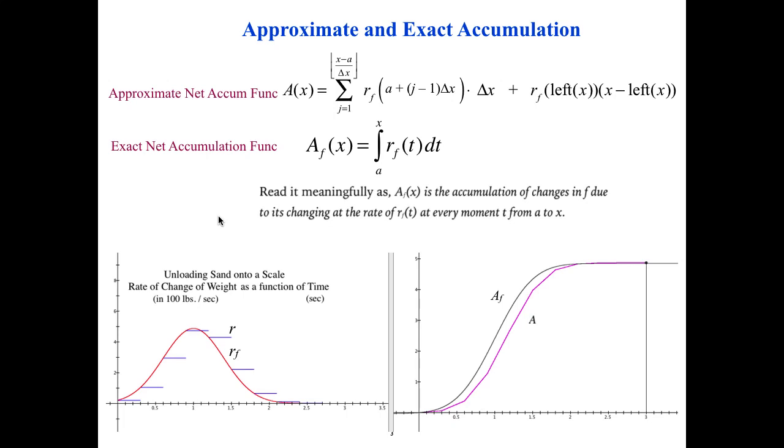So if you wanted a numerical value, then an exact amount of accumulation, a sub f of 7 or something like that, you can say, oh, it's the accumulation in f due to changing at the rate r sub f of t at every moment from a, 0, through 7. And using every single value, all infinitely many of them, of the rate between time 0 and time 7.